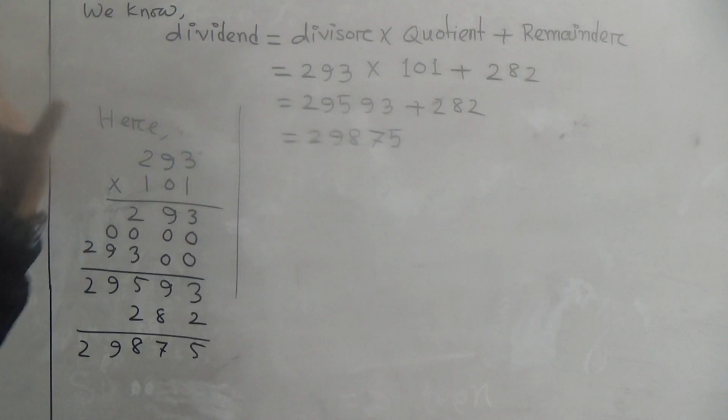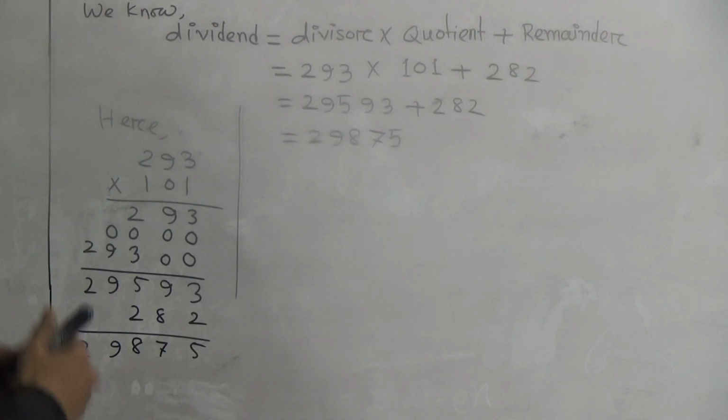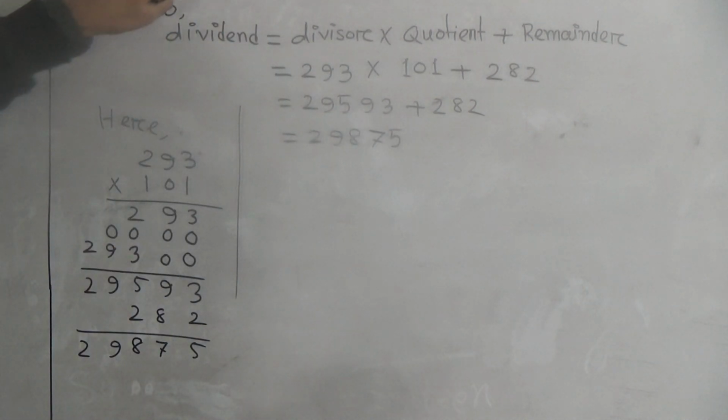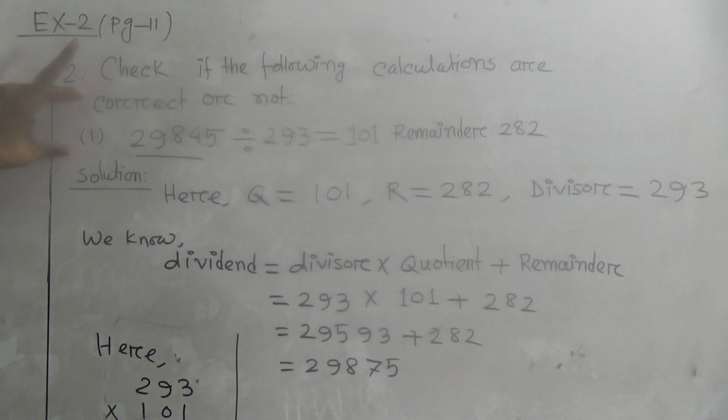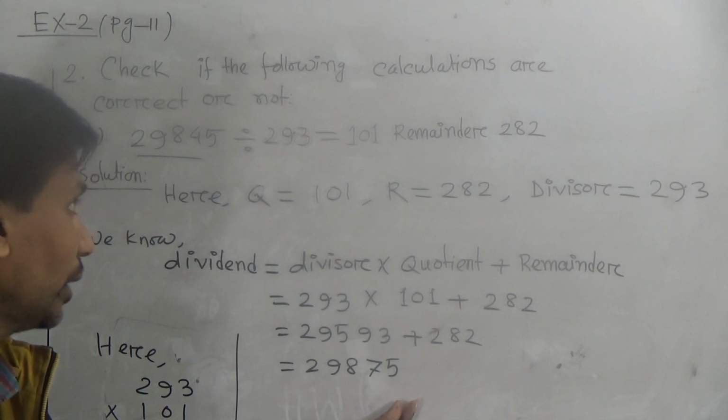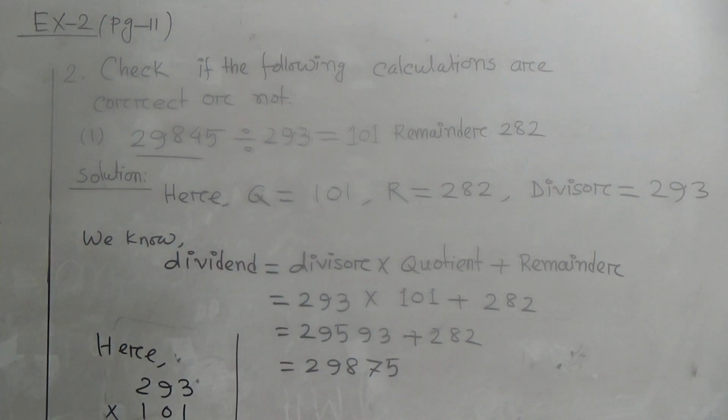Okay, but what is the given dividend? The given dividend is 29,845. So is this statement true or false? Obviously this statement is false. Okay, because our dividend is 29,875. So our statement is a mistake.